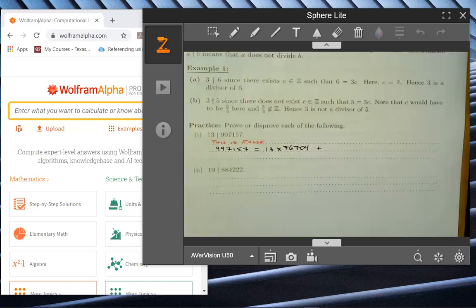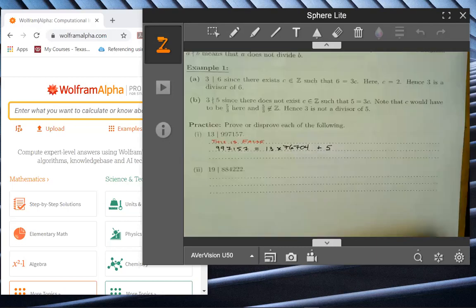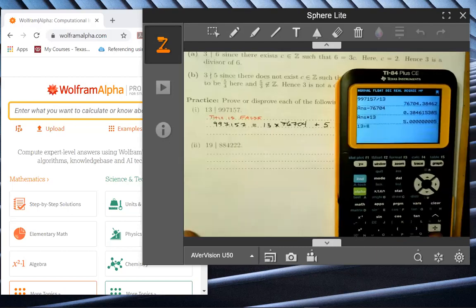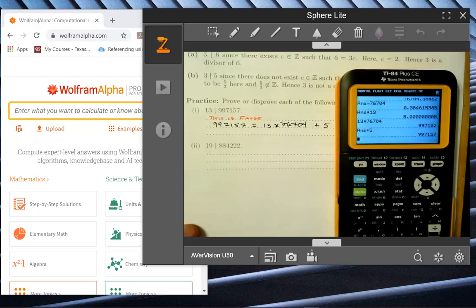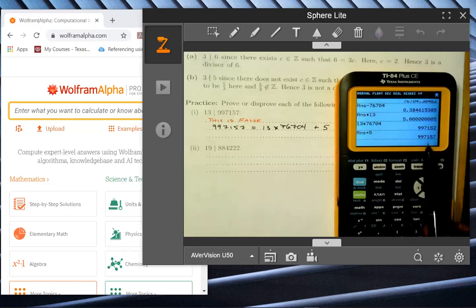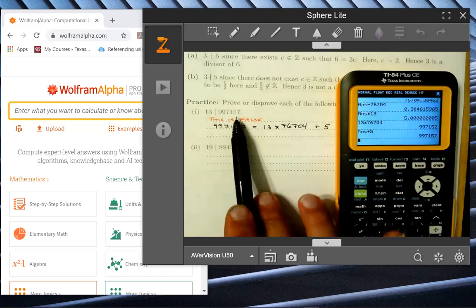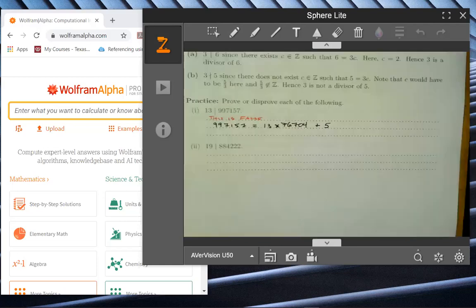So that means that this is equal to that. How can we verify that? Well, what is 13 times 76,704 plus 5? We can verify that we had that. So this is a way that we could disprove that particular statement.